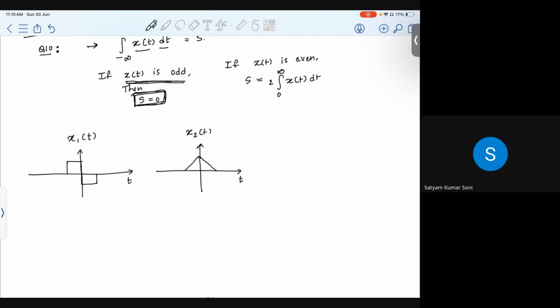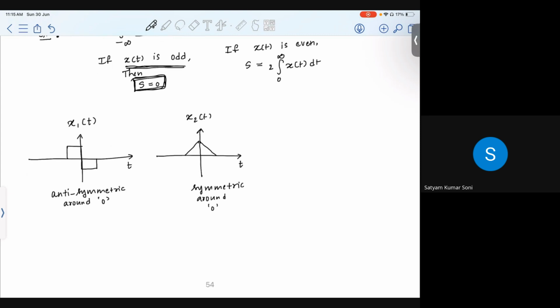Clearly you can see that the x1 of t signal is anti-symmetric around 0, and x2 of t is symmetric around 0. Hence, when the signal is anti-symmetric around 0, the signal is odd. So x1 of t is an odd signal, and x2 of t is an even signal, right?